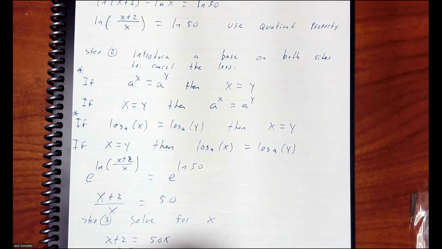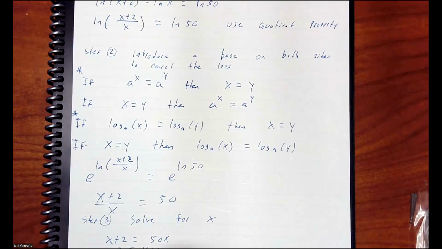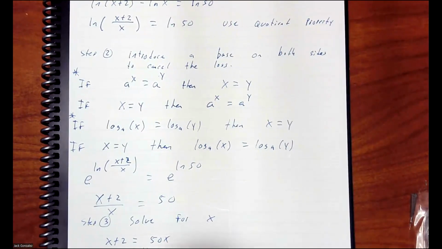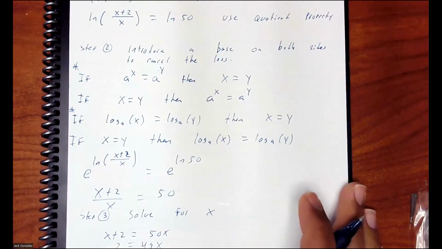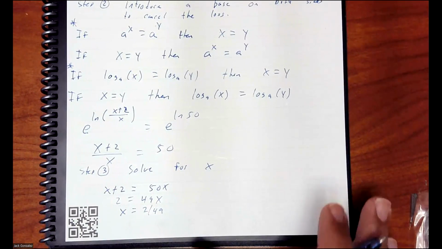That'll give us 2 equal to 49x. x is 2 over 49, right? Whatever that is, who cares? All right. Algebra's whatever.